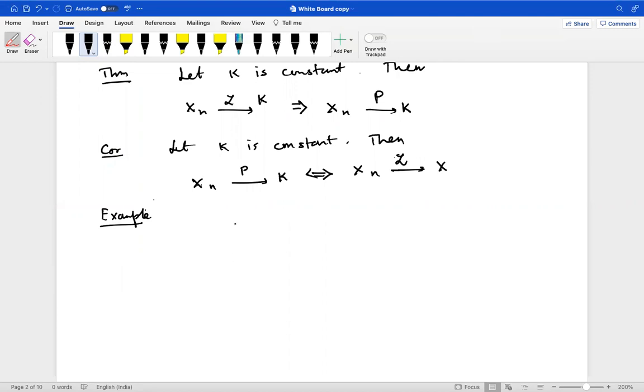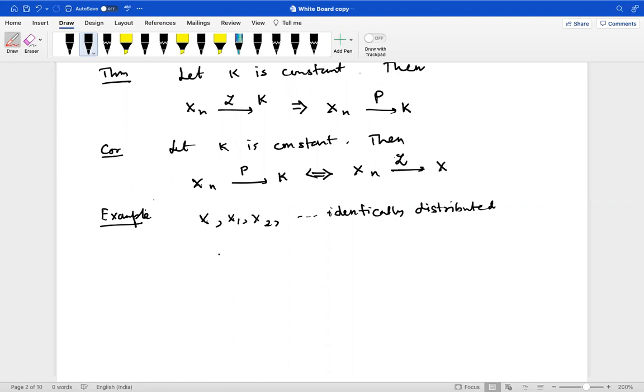So let X, X1, X2 be identically distributed. It's not IID, it is just identically distributed, not independent.